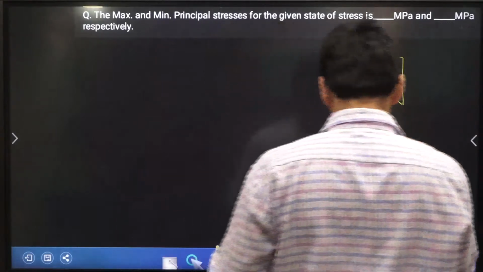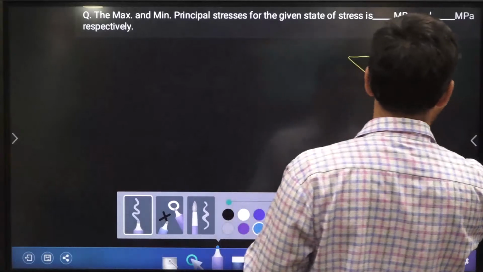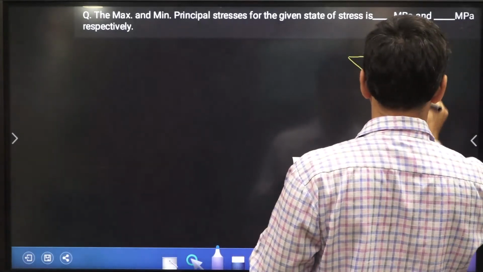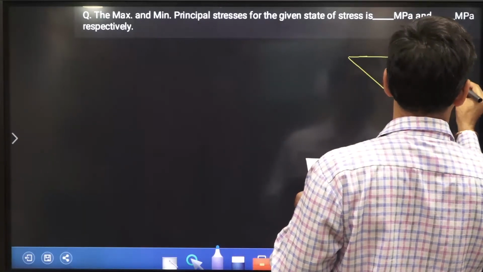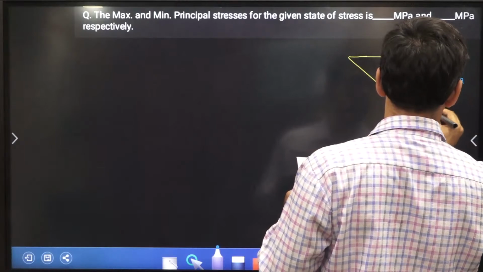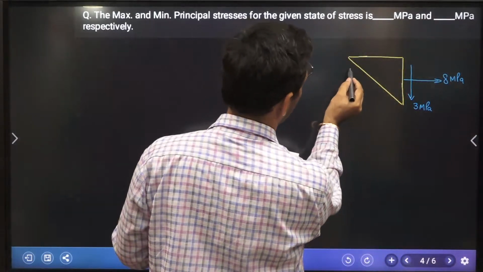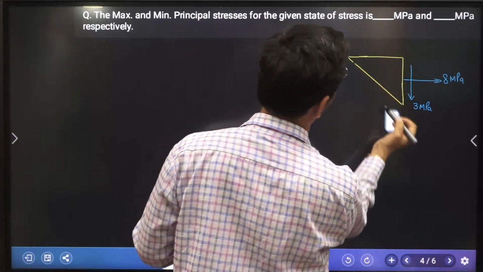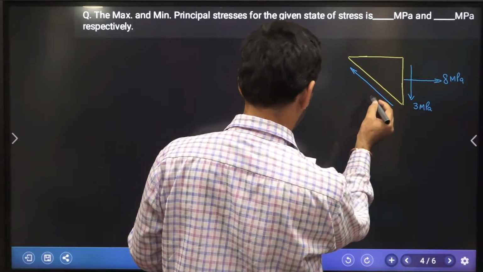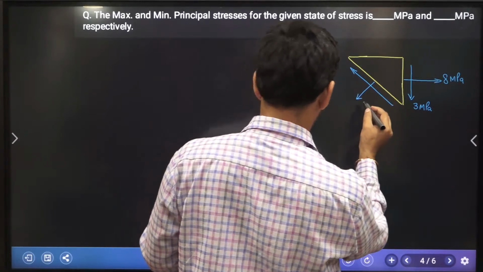So this is the element given to you, and you have stresses acting this way. This is 8 megapascal, and you are having 3 megapascal. And over here also, he has given you, in the inclined plane direction, shear stress as well as 2 megapascal.